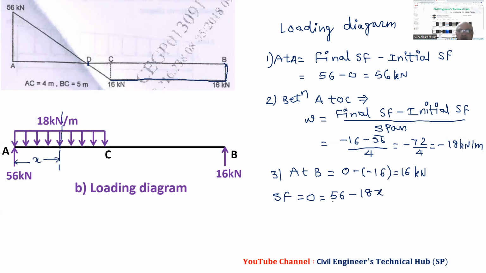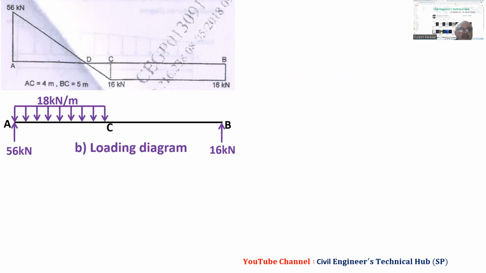So we have 56 minus 18 into x, and from this we will get 56 upon 18, which is 3.11 meters. So we have this as 3.11 meter. And now we will switch over to the bending moment diagram. So we have this as the loading diagram and we have this as 3.11 meters.